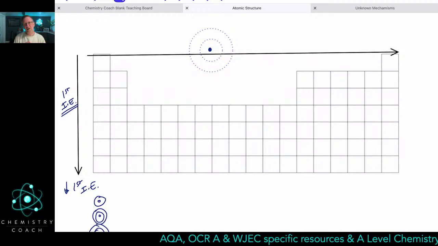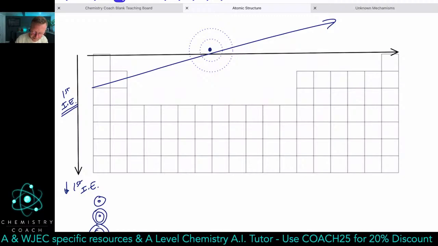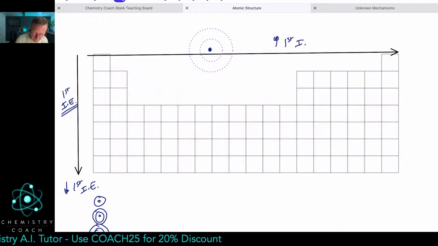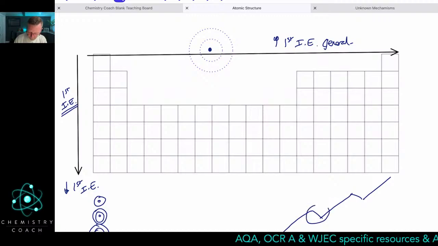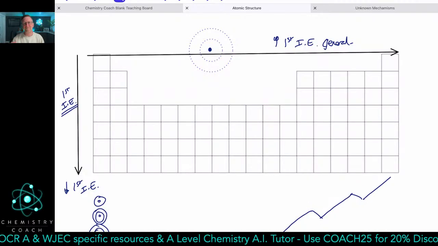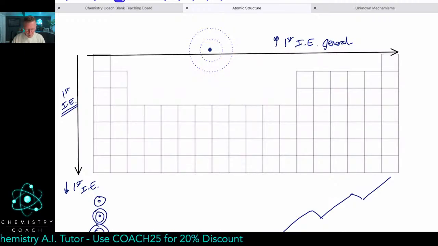So, as we go from left to right now, we do have a general increase in first ionization energy, okay? And we say general increase because there are some blips on there. It goes up, then it comes down, it goes up, then it comes down, then it goes up. But why is there a general trend in first ionization energy to increase going from left to right? Well, the same reason as before.